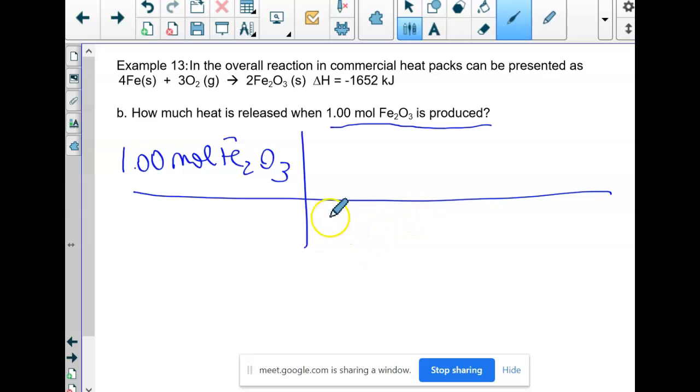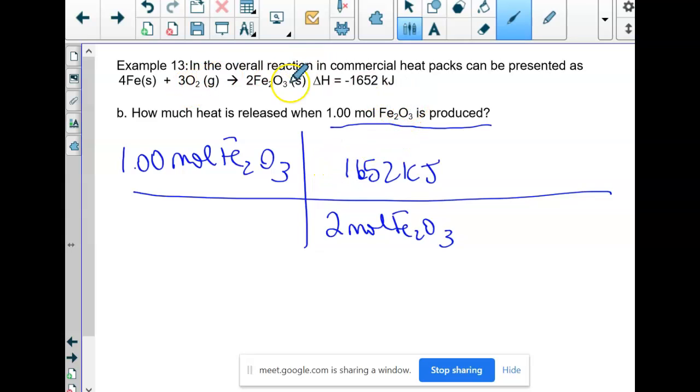Okay. And we know from our balanced equation, 2 moles of Fe2O3, so it cancels, equals 1652 kilojoules. Now we're going to decide if this stays negative or flips positive. Let's look at the wording of the question.